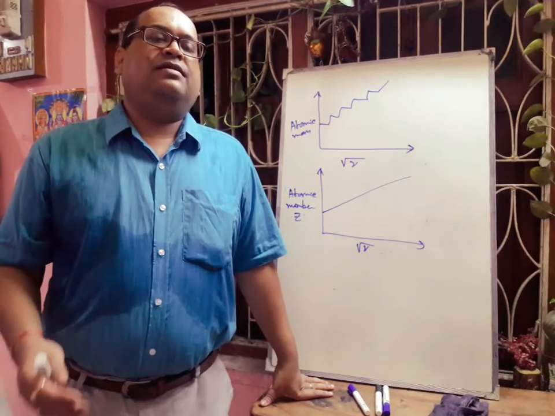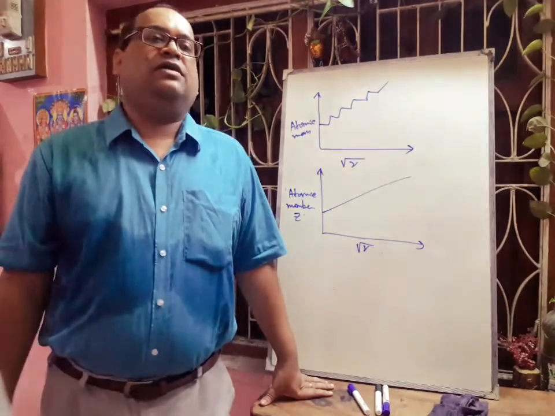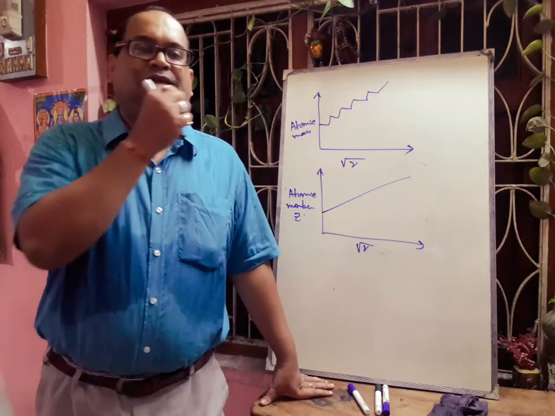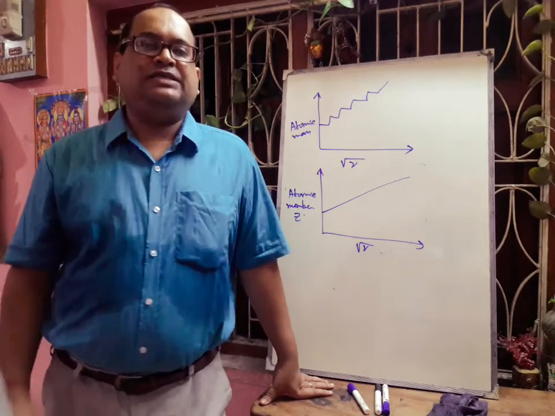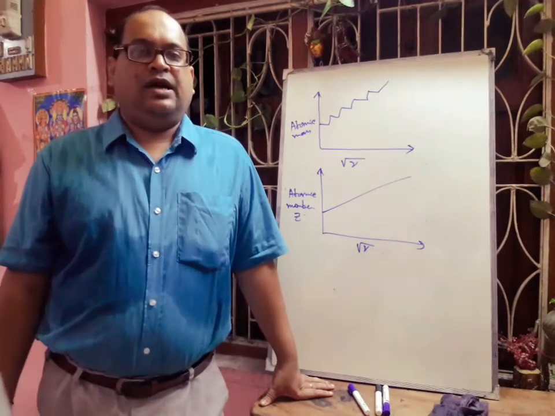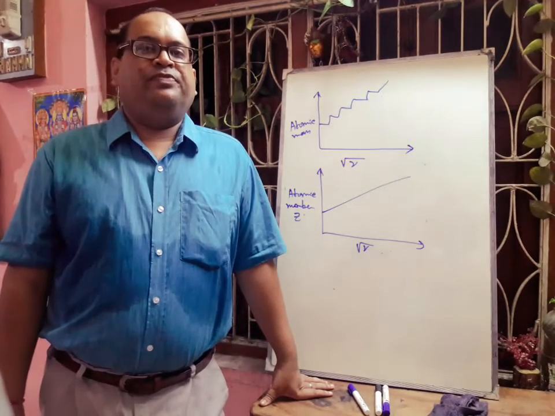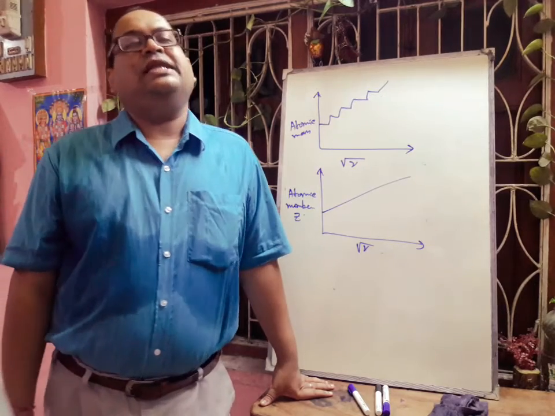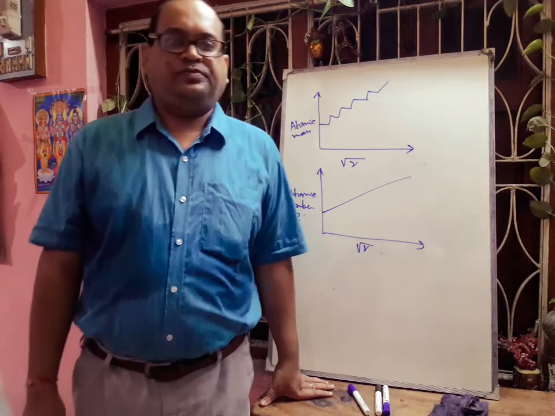If we look at their valence shell electronic configuration, all have the same number of valence shell electrons, that is ns1, only one valence electron. Because of the similar valence shell electronic configuration, their properties are also the same. Understand? So the cause of periodicity is the recurrence of similar electronic configuration in the valence shell.